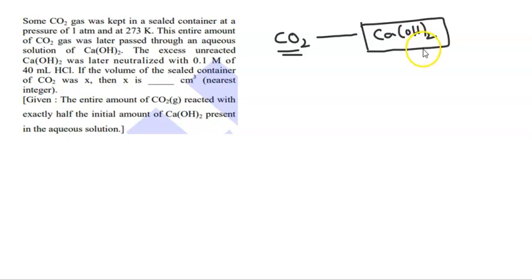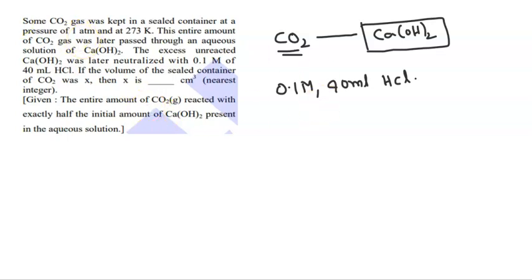The remaining Ca(OH)2 is neutralized with 40 mL of 0.1 M HCl solution. If the volume of the sealed container of CO2 is x, you have to find the value of x.